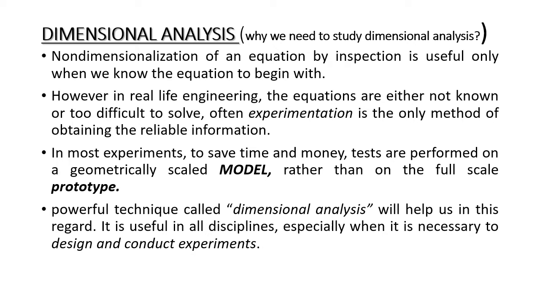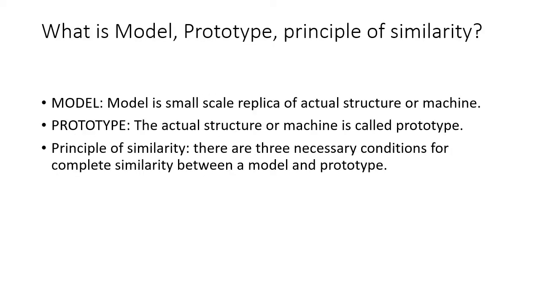So what is a model? A model is a small scale replica of an actual structure or machine. So you want to construct a ship, but before constructing the ship we are going to construct a small model of that, a small structure of that. That small structure we call a model.